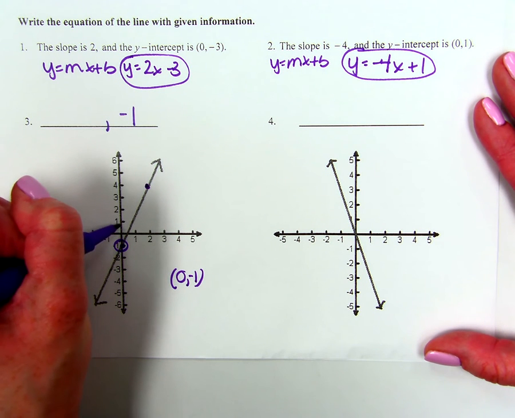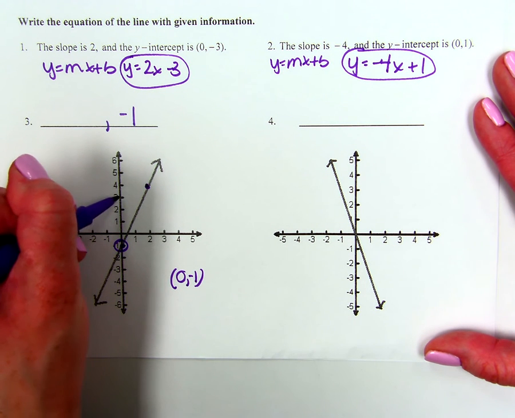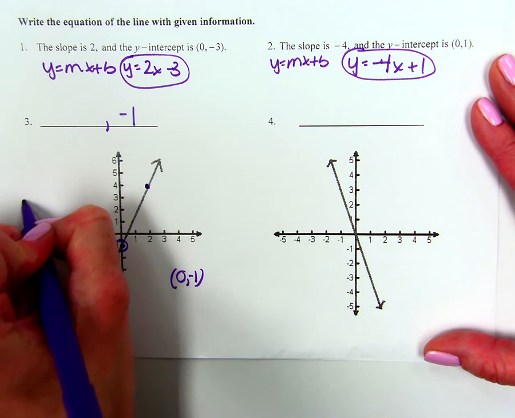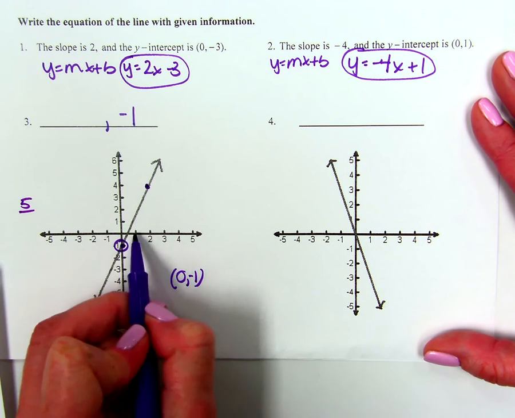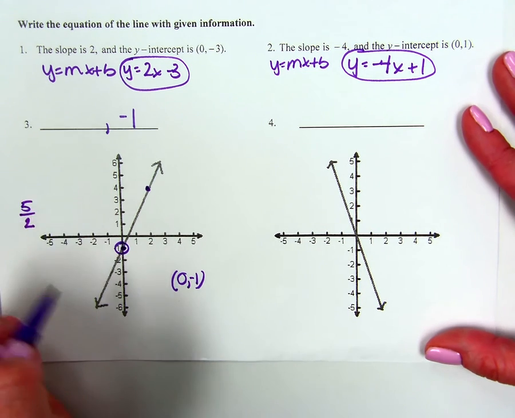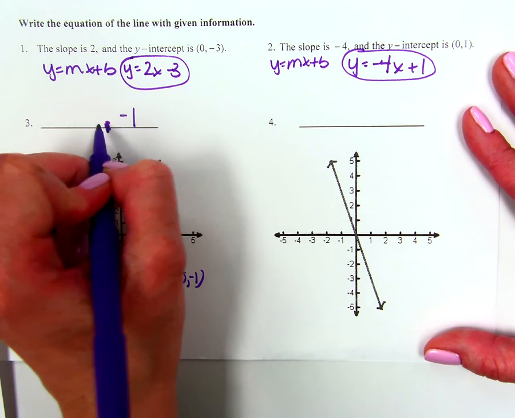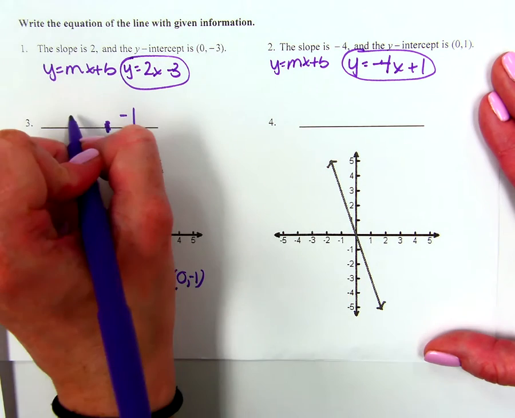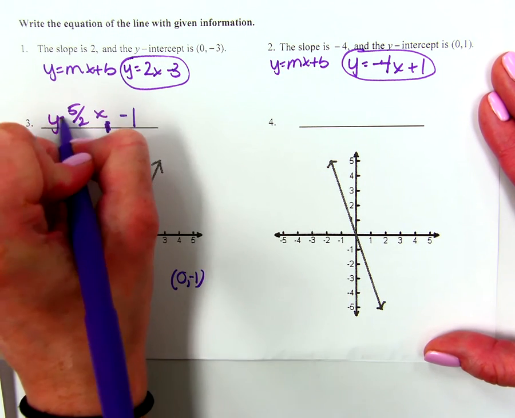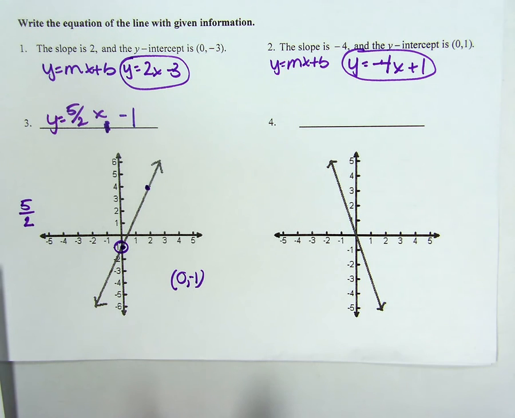That's 1, 2, 3, 4, 5, so our rise would be 5, and we went over 2. So our rise over run would be 5 halves, which would be our slope. So y equals 5 halves x minus 1.